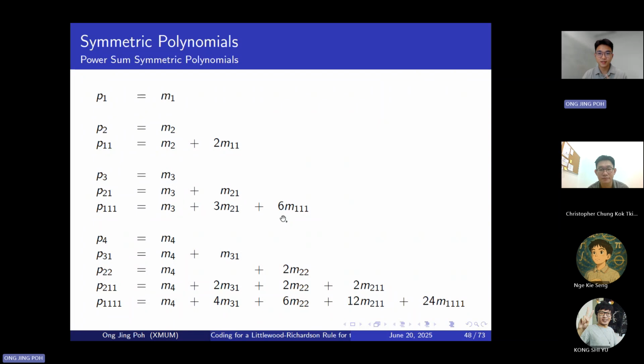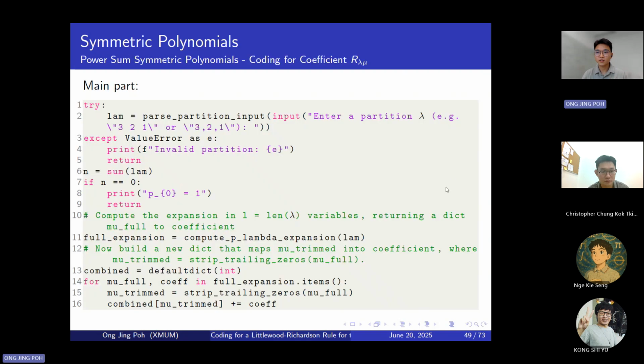So the proof of the corollary, which says that the set of power sum symmetric polynomials is a basis of lambda n, is just similar to the corollary for the elementary symmetric polynomial. The coding for computing P lambda as a linear combination of mu is different from the previous coding. In line 11, the function compute P lambda extension computes the number of ordered partitions that satisfy the equation in the proposition.